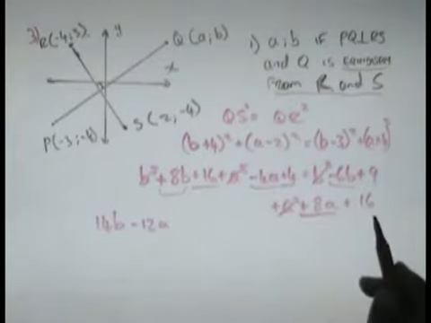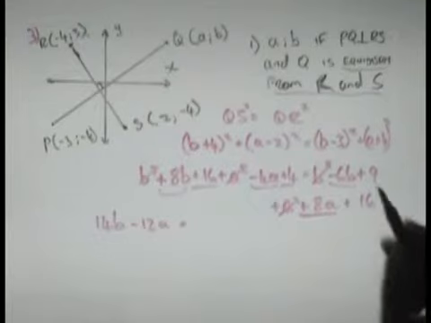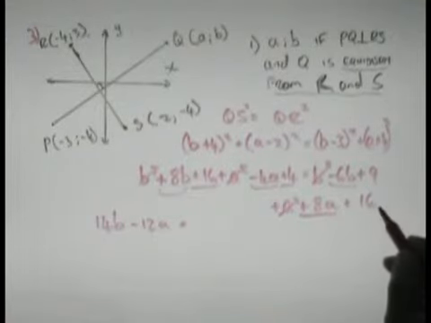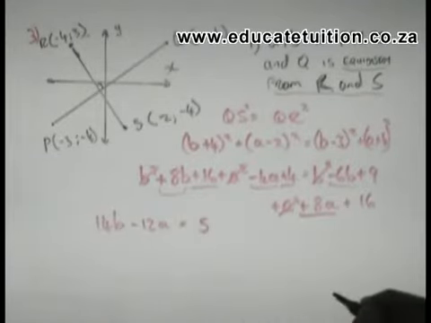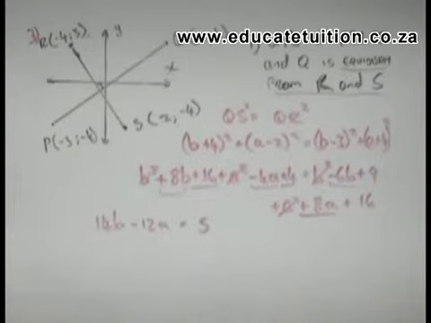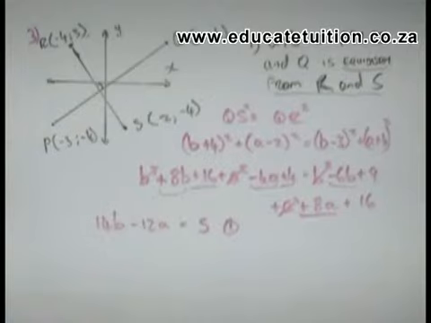Plus 16 plus 4 is going to give me plus 20, taken across to the other side is equal to plus 9 plus 16 is plus 25. Plus 25 minus that 20 is going to give me plus 5. That means that 14b minus 12a is equal to 5, and that's my first equation.